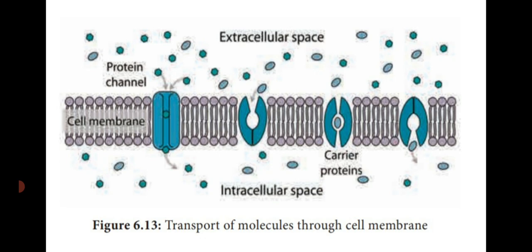So with the help of the cell membrane, they transmit the molecules in and out of the cell. The outer region is said to be extracellular space. The inner region of a cell membrane is known as intracellular space. Between these two spaces, they are transporting the molecules via channel protein and carrier protein.